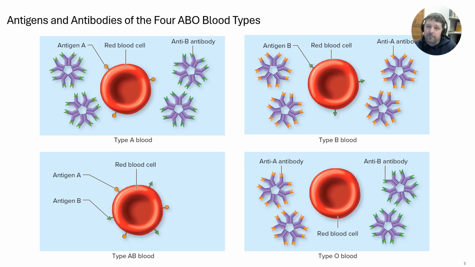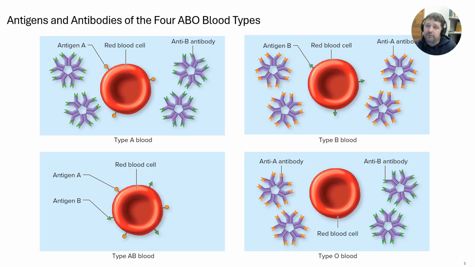They only attach to B antigens. B blood type produces B antigens, but antibodies against A. So not compatible. Stick this in here, and these antibodies are going to attach to it.